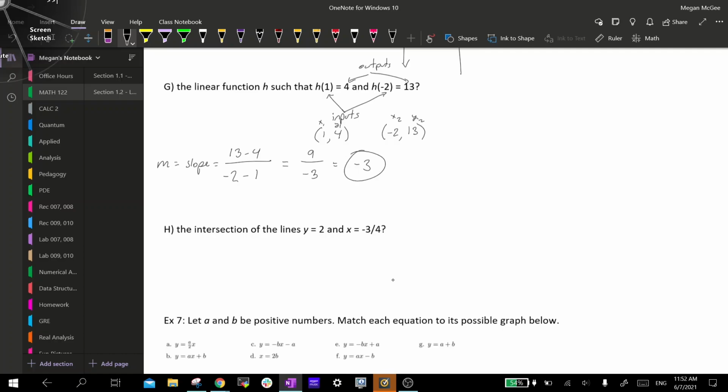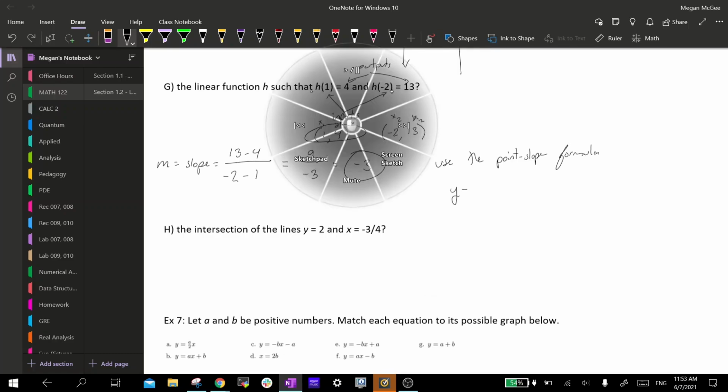Okay, so now we have a slope, and we have whichever point you want to pick out of these 2 points. So we're going to use the point slope formula. We have y minus whichever y you want to use. Let's go ahead and use this 1 and 4 point.